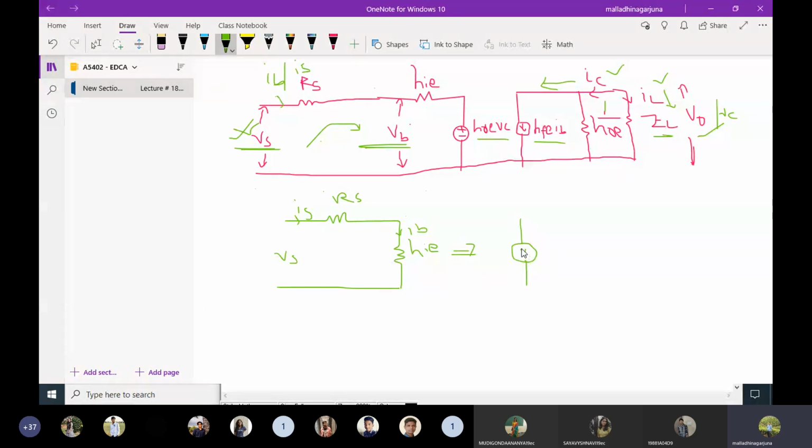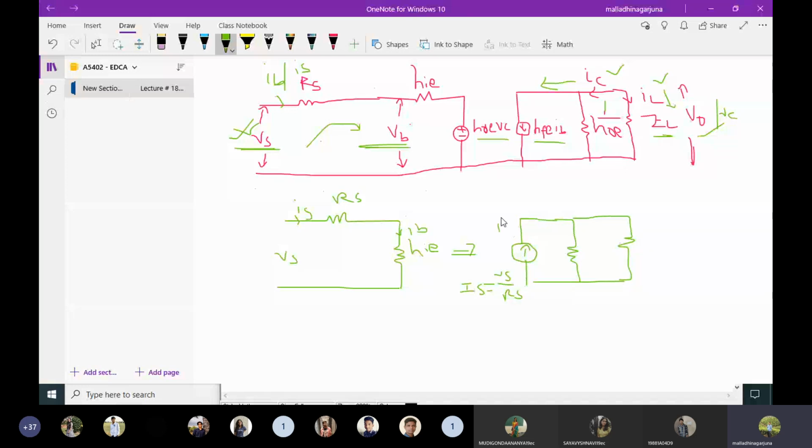The direction is this. So IS is equal to Vs by RS. The series resistance will come into parallel like this, and again the parallel resistance is there, that is hie.